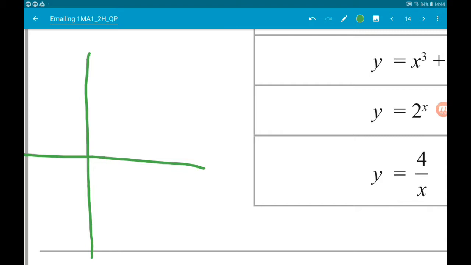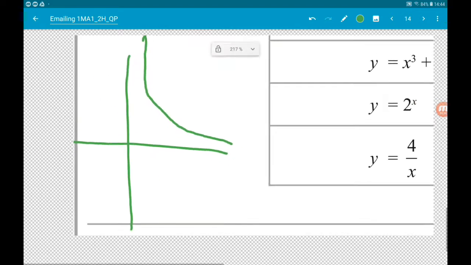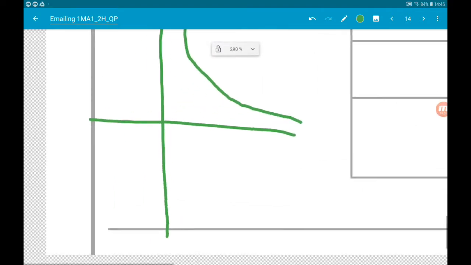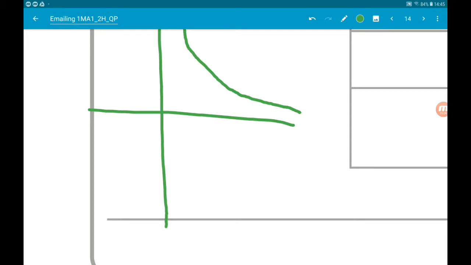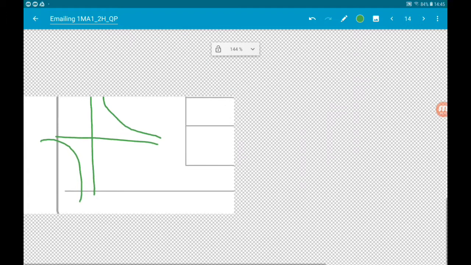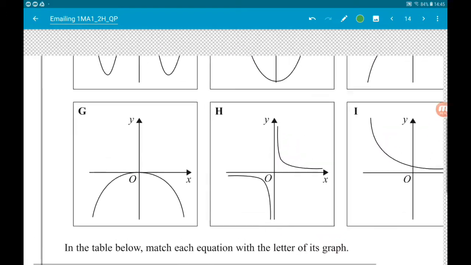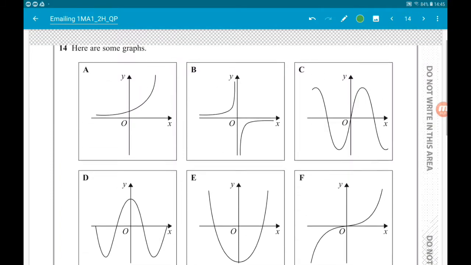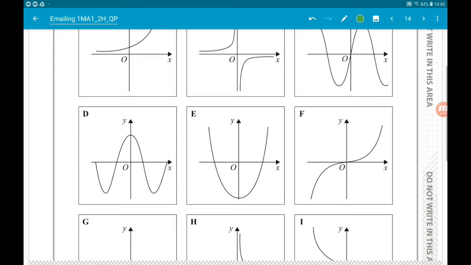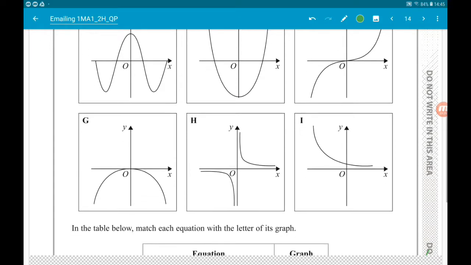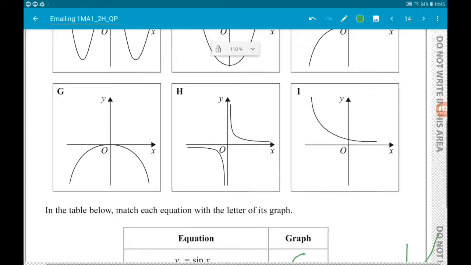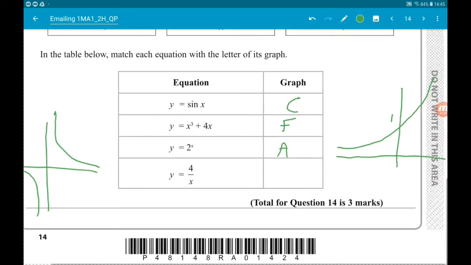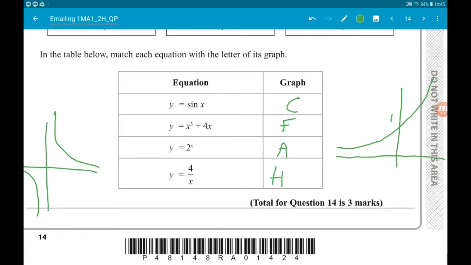So, inverse proportion looks like that. Now it also does the same down in the negative part of the graph, like that. So, our guy here is, where's he hiding? There he is, graph H. Cool.